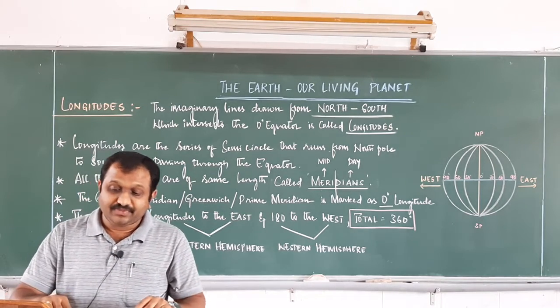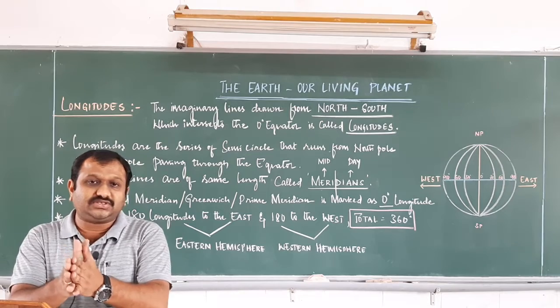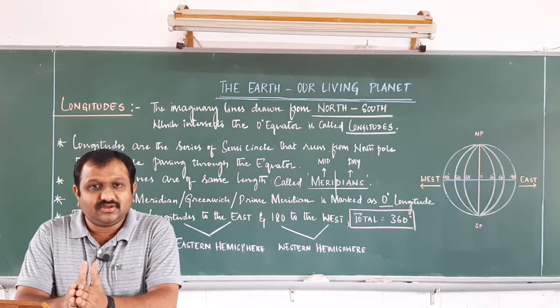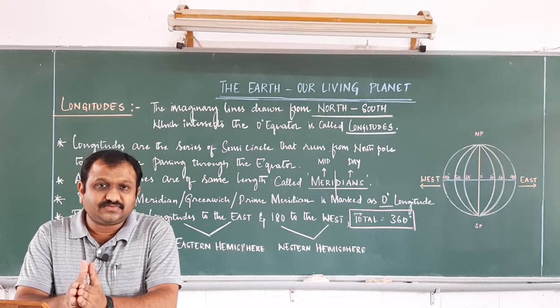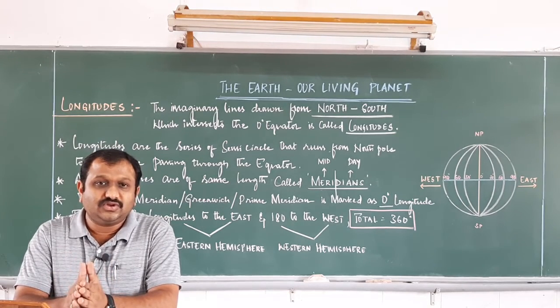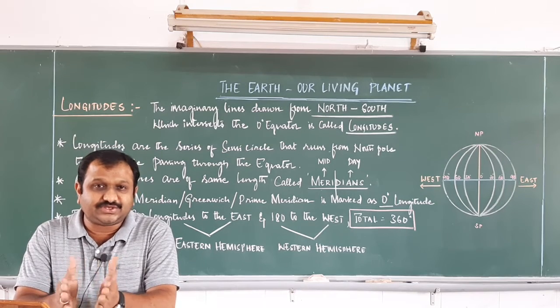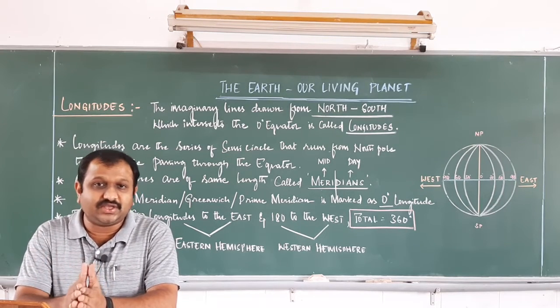Dear boys, longitudes and latitudes are imaginary lines drawn on the globe in order to locate a place, to know about the time, and the distance from one region to another region.